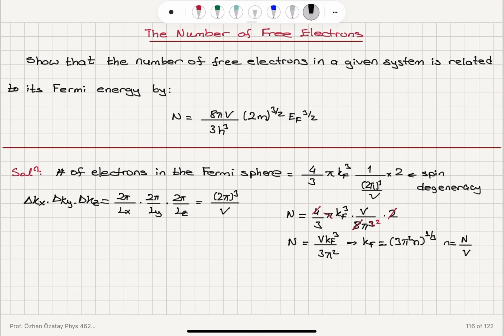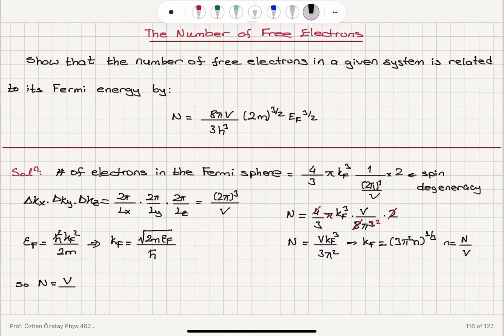Now, recall that the Fermi energy is related to the Fermi wave vector for the free electron, h bar square kF square over 2m. So h bar is reduced Planck's constant, h divided by 2 pi. So with that, the Fermi wave vector becomes, in terms of the Fermi energy, square root 2m Fermi energy divided by h bar.